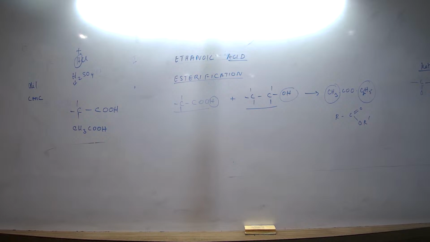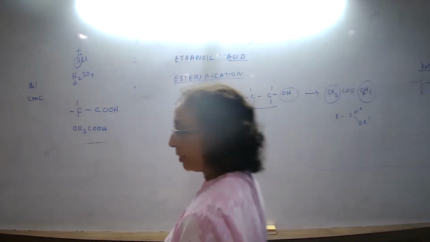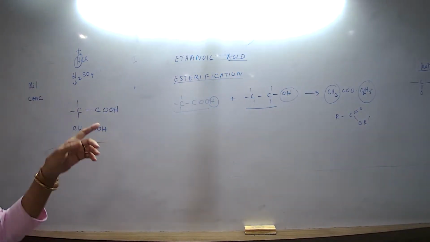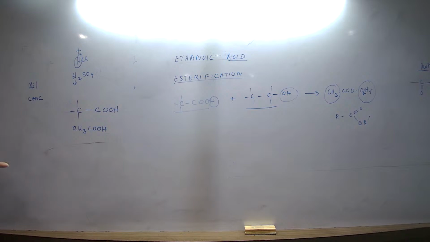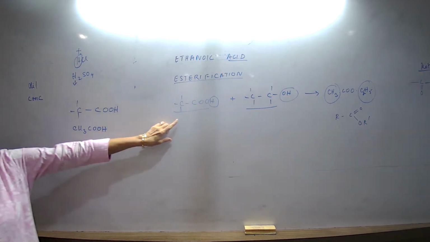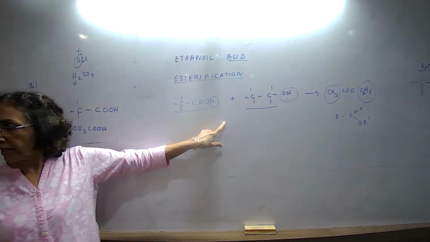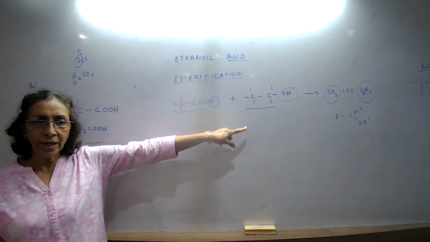Have you all taken it down? Now, on the board I have shown you the structural form. I spread it out to show you how the molecules are undergoing a reaction. But you don't have to write it that way. You can just write CH3COOH plus C2H5OH.